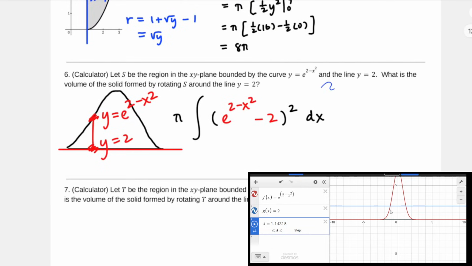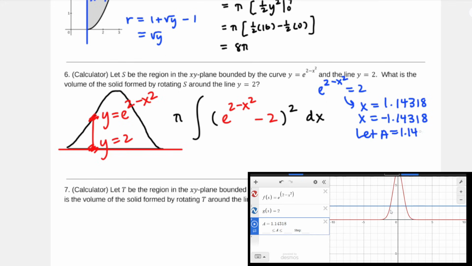So let's say e to the 2 minus x squared equals 2 at x equals 1.14318 and x equals negative 1.14318. All right, and I'll also say let a equal 1.14318. I'm going to be integrating this from negative a to a.